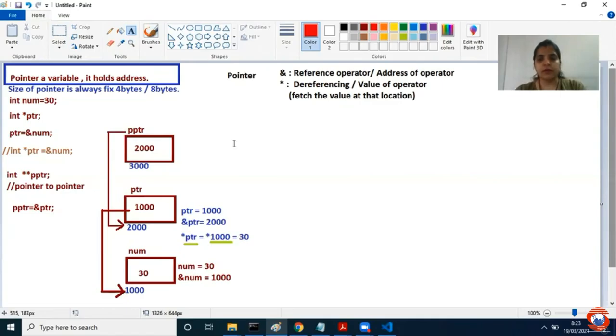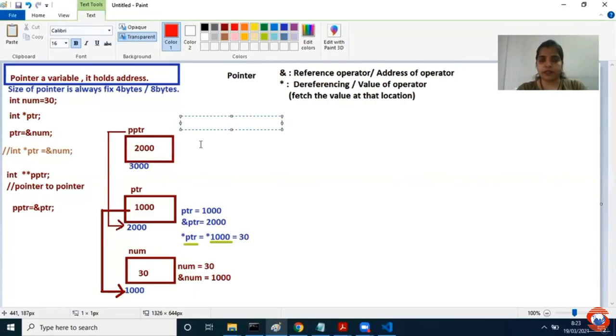Okay, right. Now, suppose I ask you what is there in PPTR, what will you give me? 2000. Good. What is the address of PPTR? Please give me the answer in the form of numbers. It is 3000, right? What is the value at PPTR?